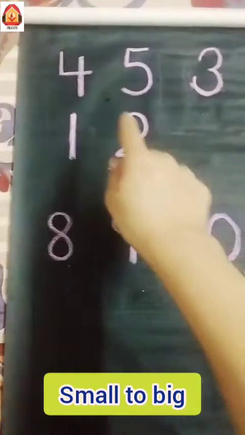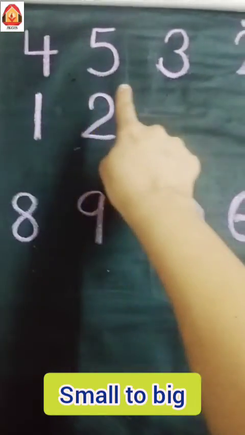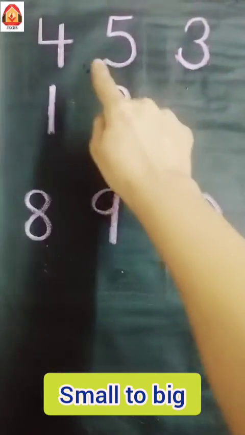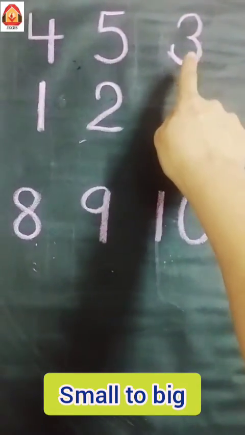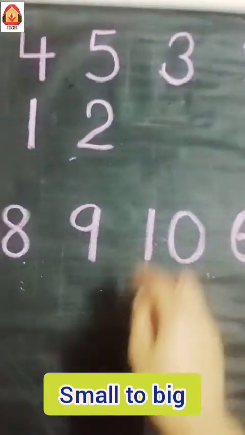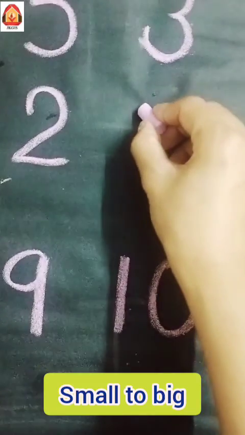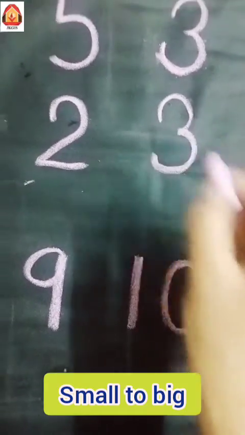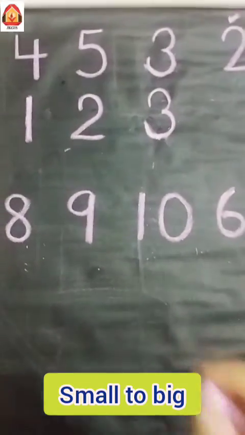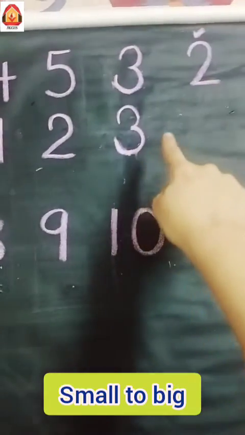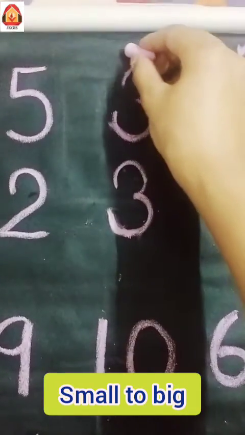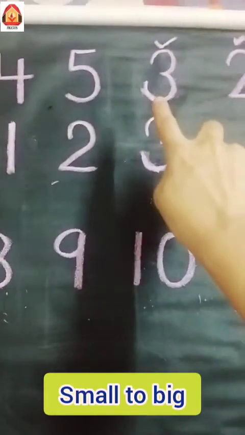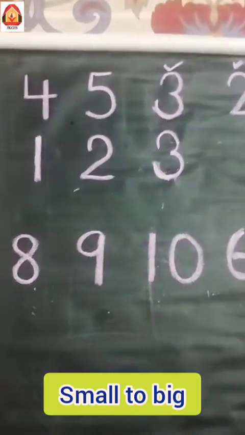Now we will see which is the smaller one among these numbers. It's 3. So we will write 3 here. I have written number 3, so I will take it, and now we will not count number 3 also.